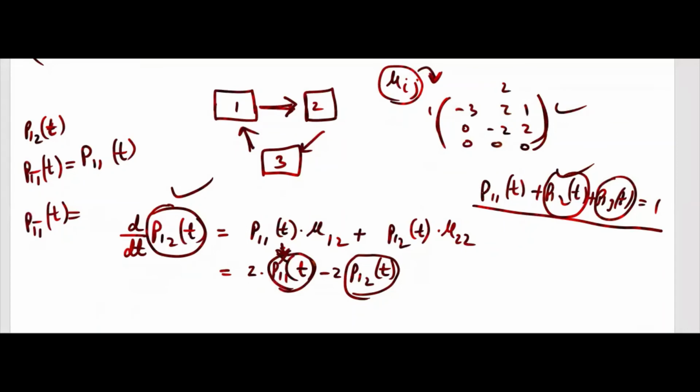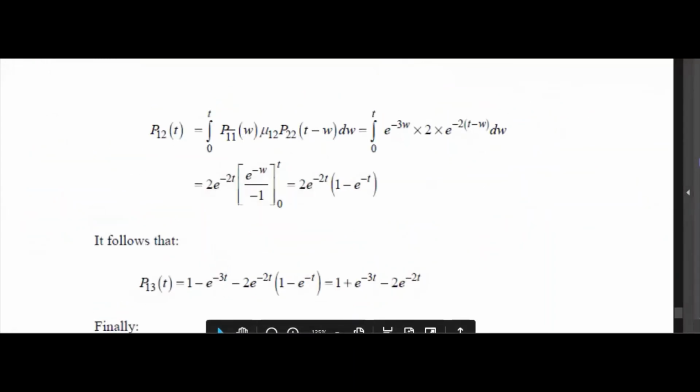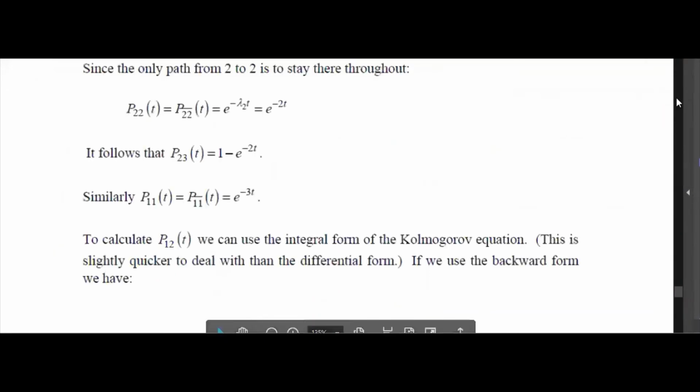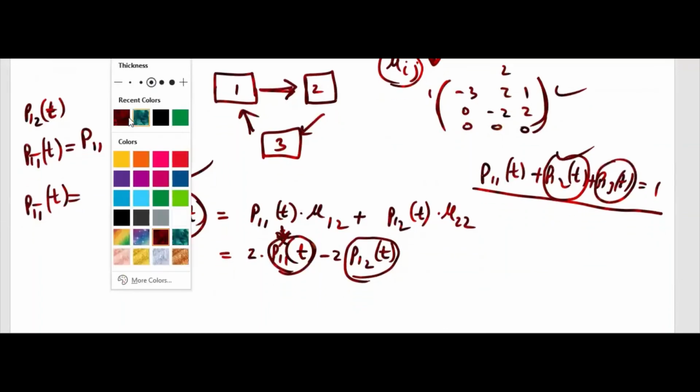So staying in 1 continuously, or just being in 1, is the same. The formula is there for the bar version, and we already found it: P11 bar is e power minus 3t.